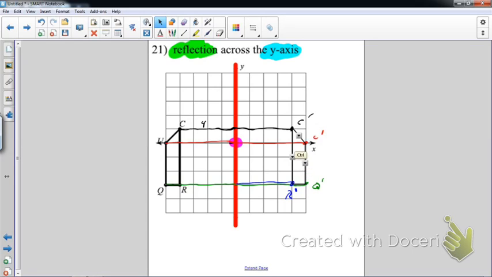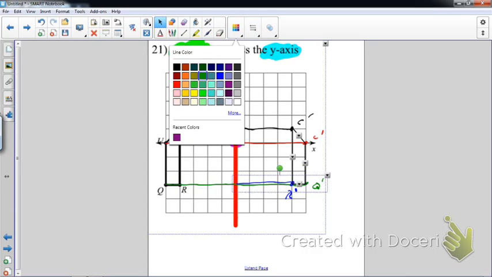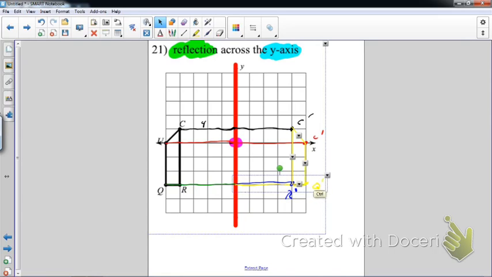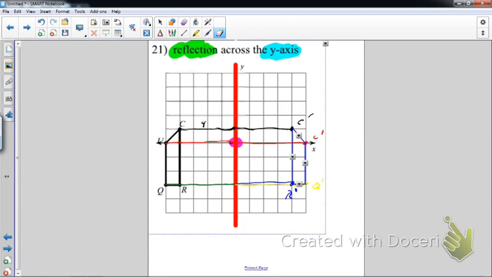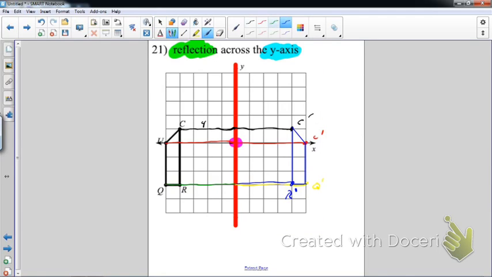Let me try to see if I can still do it. Yellow, maybe. Green, blue. Yeah, let's do it with blue, as you can see it. So here it is. This is what I was talking about.